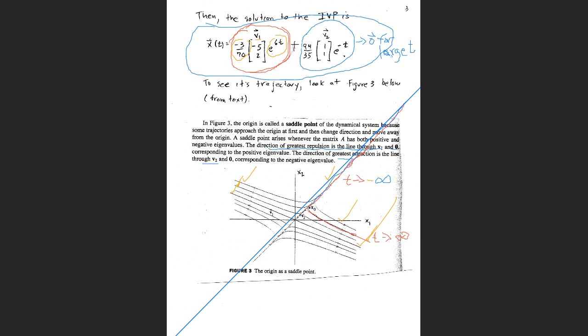So this here is as t approaches negative infinity. And as t approaches negative infinity, this part of the solution goes to 0.